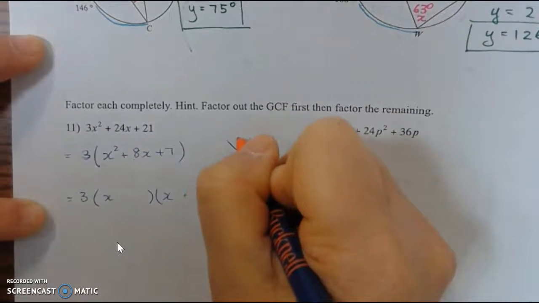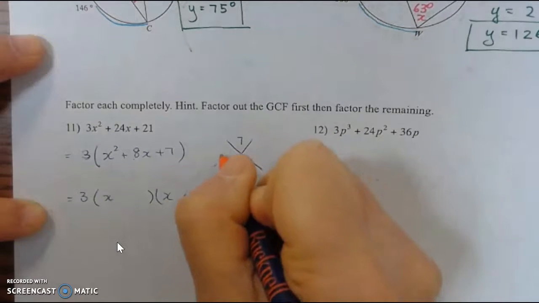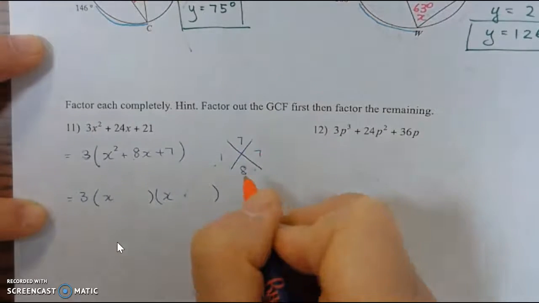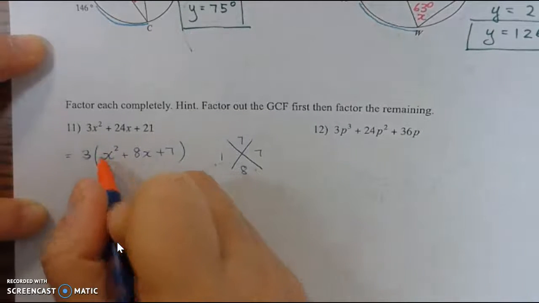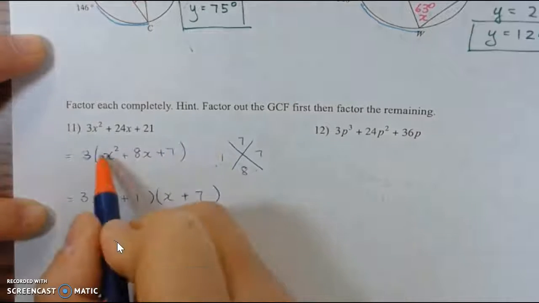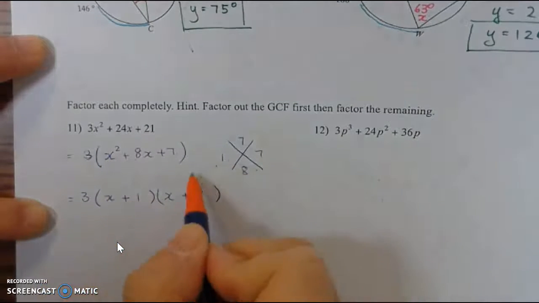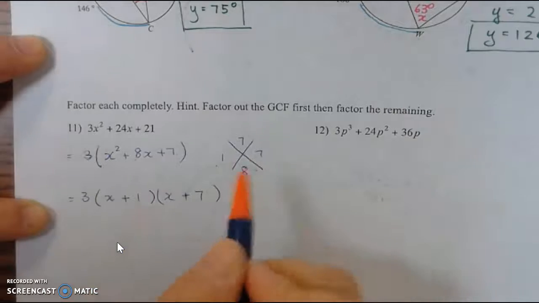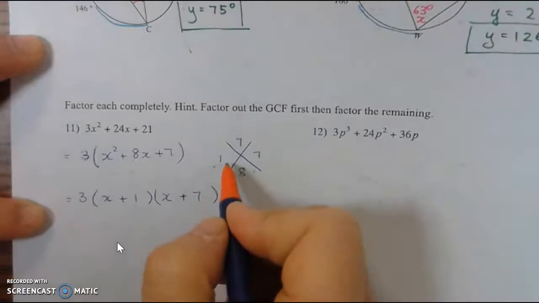And that's going to be positive 1 and 7, right? In this case, because the coefficient is 1, those two numbers just come right here. But if the leading coefficient, the number in front of the x squared, is not 1, you can't just bring these two numbers down like that. You need to use grouping method or area model.